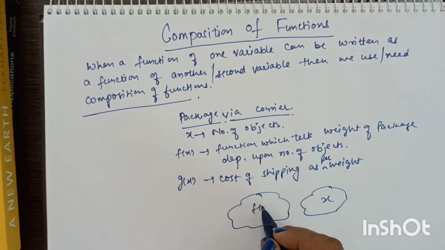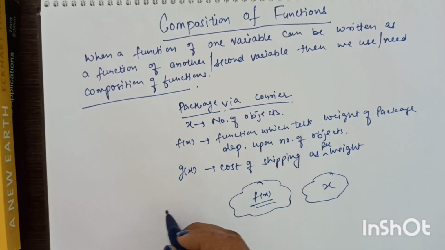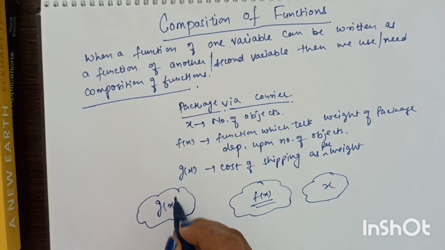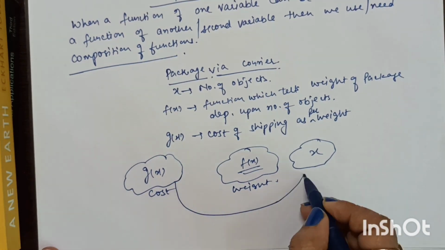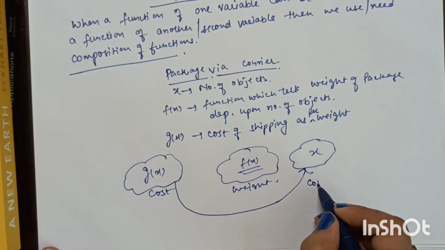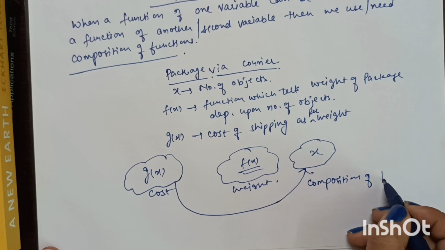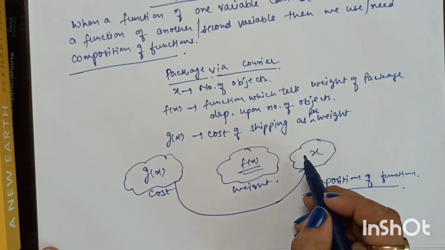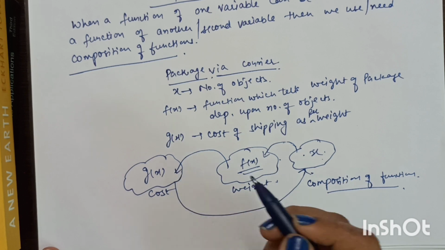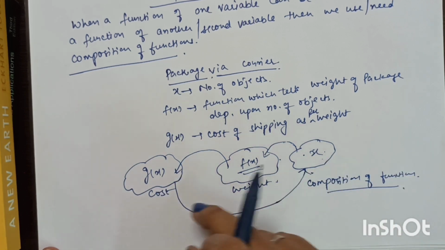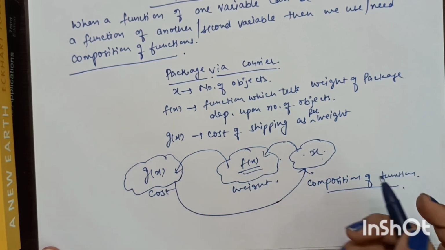So the number of objects will let you know the weight of the package, and the weight in turn will let you know the cost of the package. So g is connected to f, which depends on the number of objects. This is what a composition situation is.